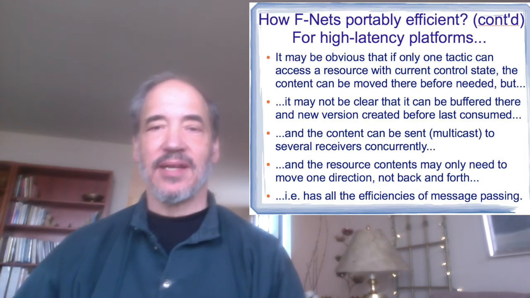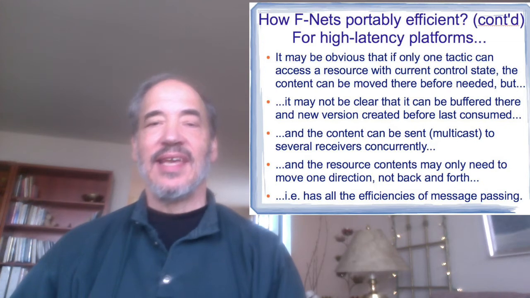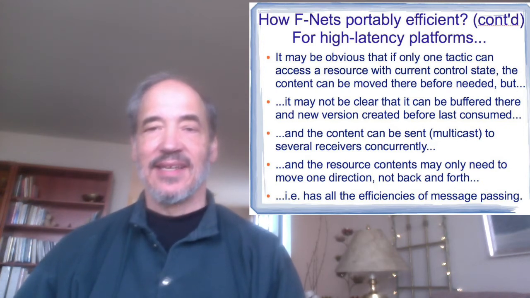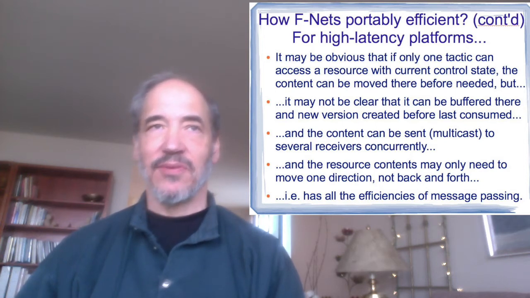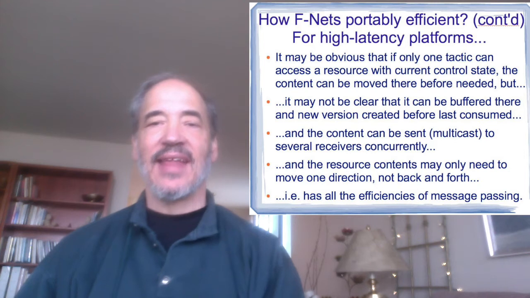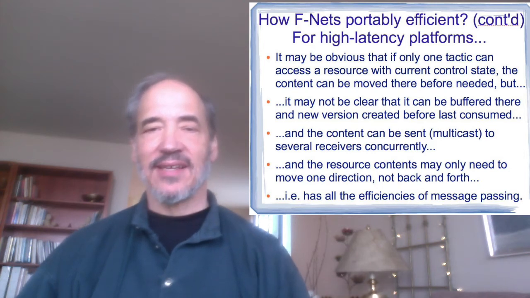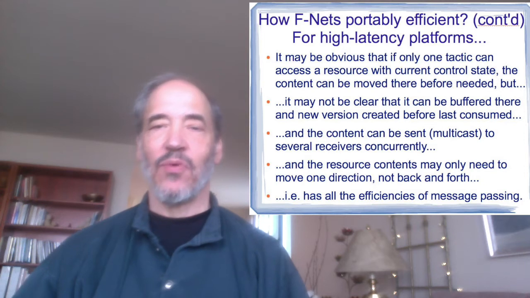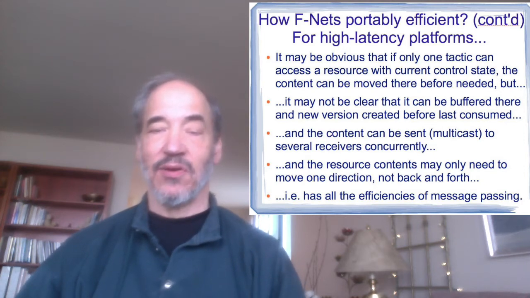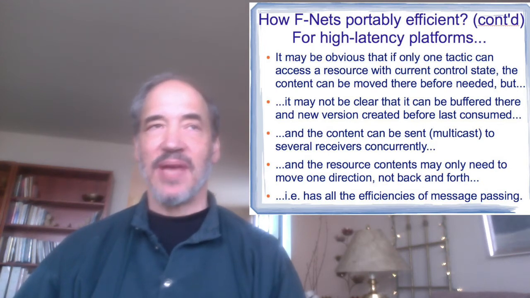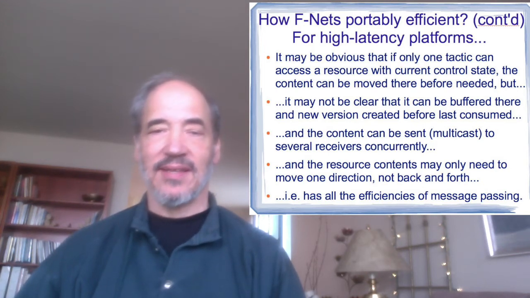However, it may not be clear that that tactic may be able to take that content and read that content, and another tactic on the other end may be able to create new content even while that tactic is reading the old content. Again, that's counterintuitive based on the way our token model said that things worked.